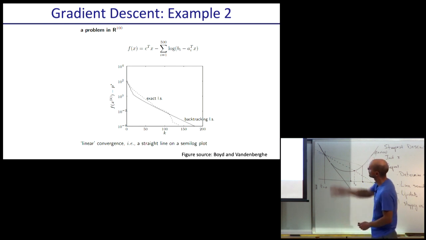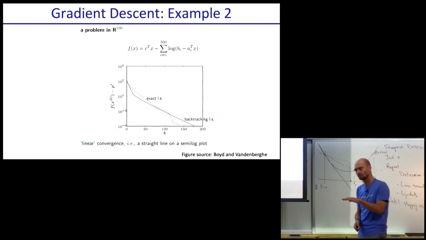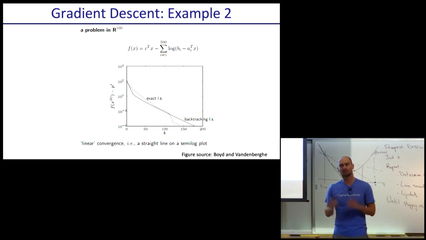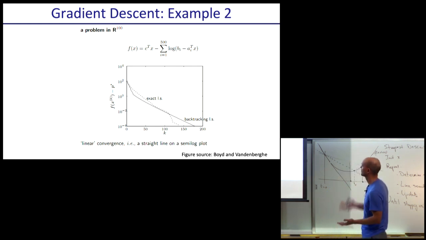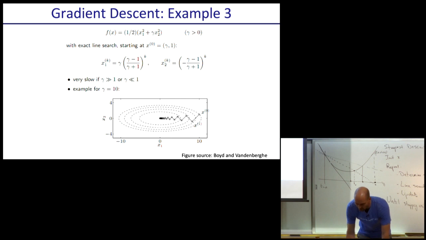And what we see here is something called linear convergence. If the vertical axis is measured in log scale and the horizontal axis is just measured linearly, and you see a line, that's called linear convergence. And that's what we have happening. Backtracking line search and exact line search are fairly comparable, not a very big difference here.